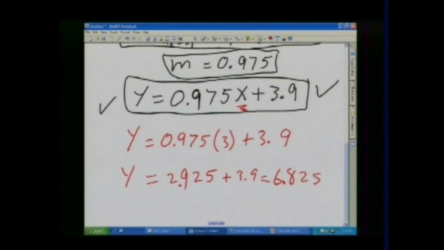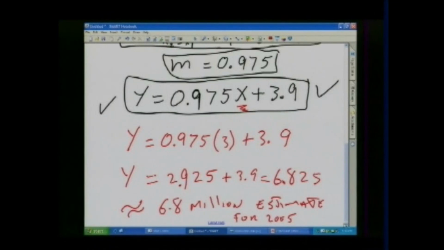That is approximately 6.8 million is the estimate for 2005. That's the estimate for 2005.